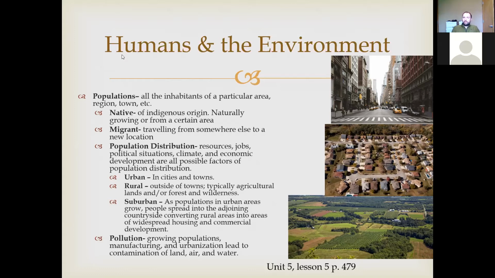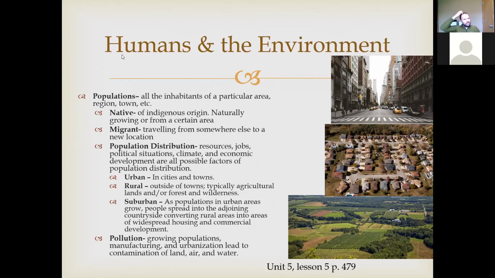So population is, as it says there, the number of inhabitants of a particular area, region, or town. You can define the boundary of the area that you're talking about. We can be talking about the population of the world, but you have to specify an area, and you really should specify a time frame. And if there isn't a time frame specified, then it should be implied that we're talking about the present.